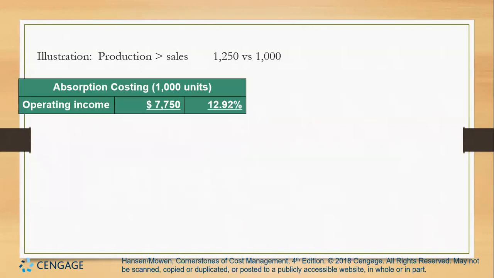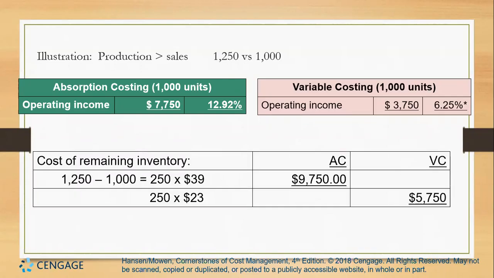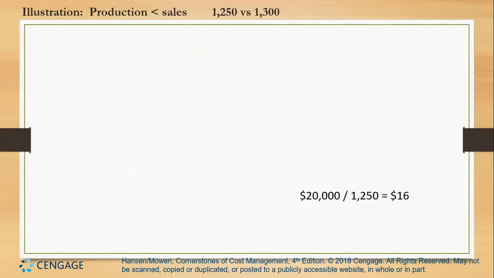Okay, now the third guide is production is less than sales. So in this case, production is 1,250 and sales of 1,300.